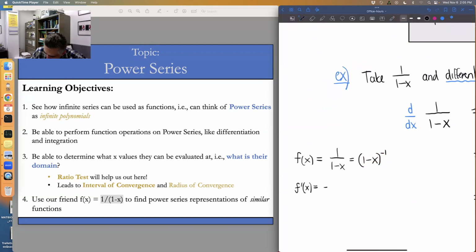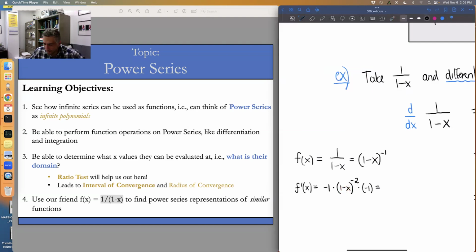So the first thing, I'm going to bring that minus 1 power down. Then we do the quantity 1 minus x. We raise that to the minus 1, or minus 2. Next, we multiply by the derivative of what's inside. The derivative of what's inside is a minus 1. So in all, this derivative comes out to minus 1 times this minus 1.